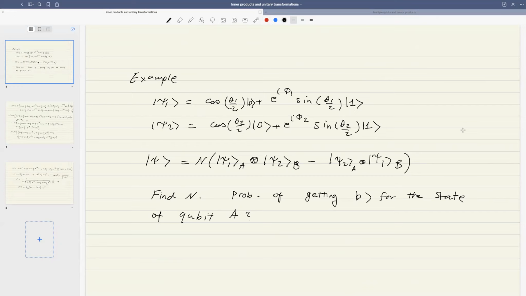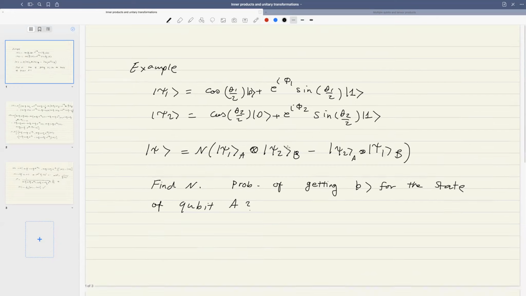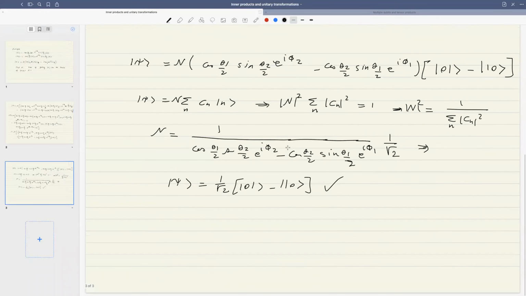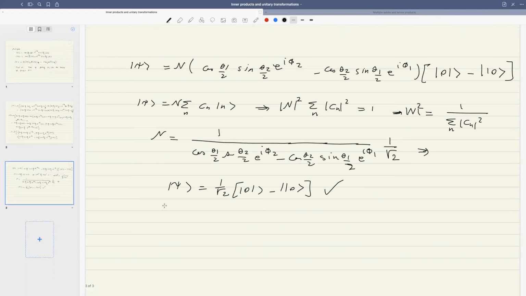Okay, so now the problem is saying, what is the probability of getting 0 for state 1? So if I perform a measurement, let's consider the state probabilities. You have 0, 0, you have 0, 1, you have 1, 0, you have 1, 1. And these we don't get. These have probability 0 because they don't appear in this superposition.